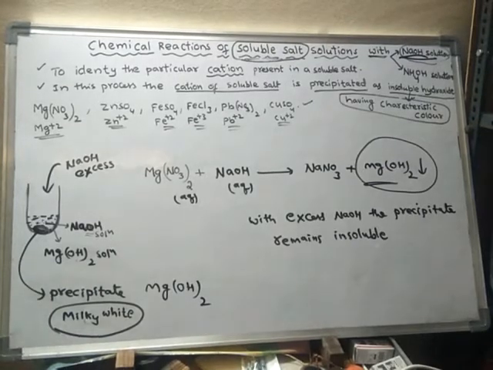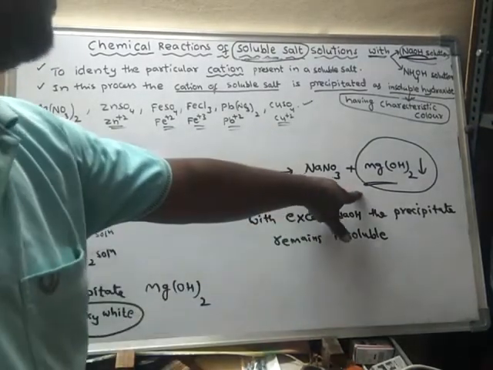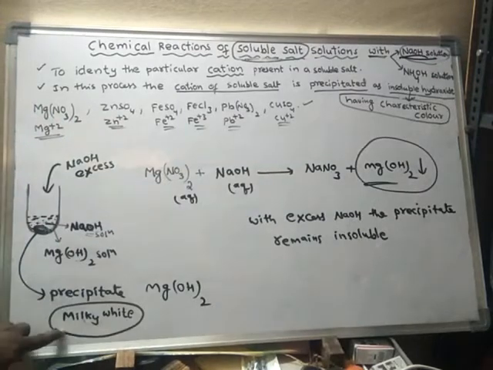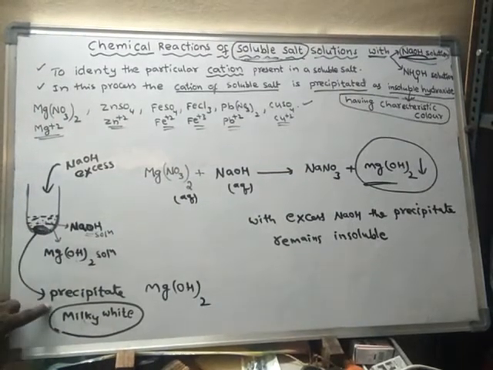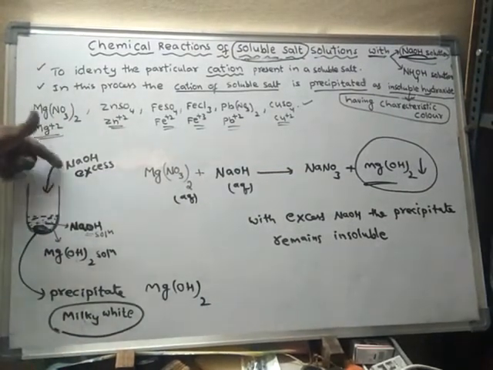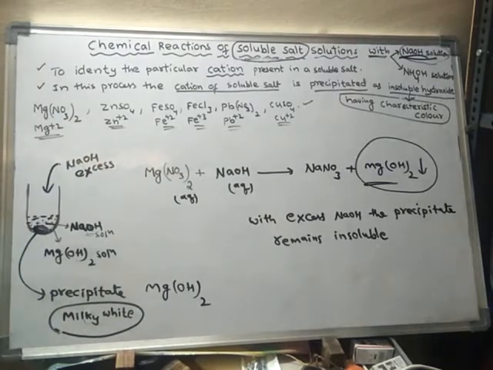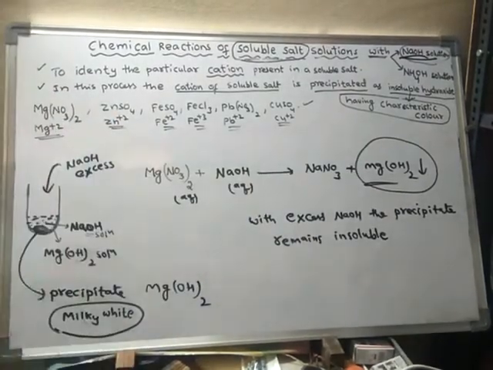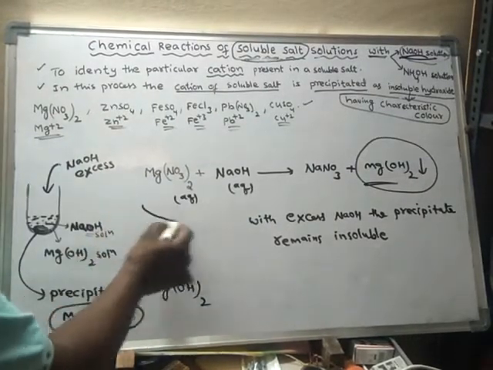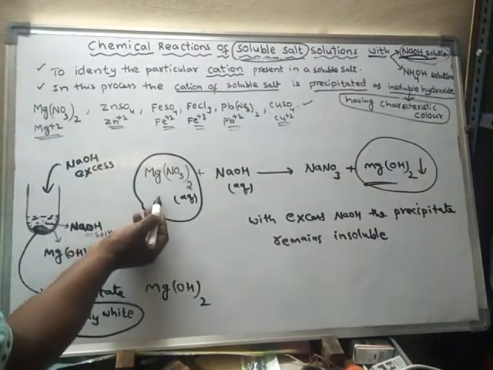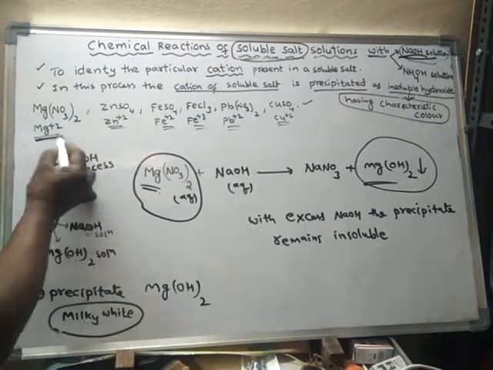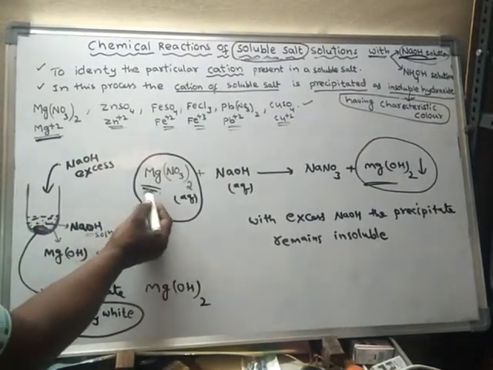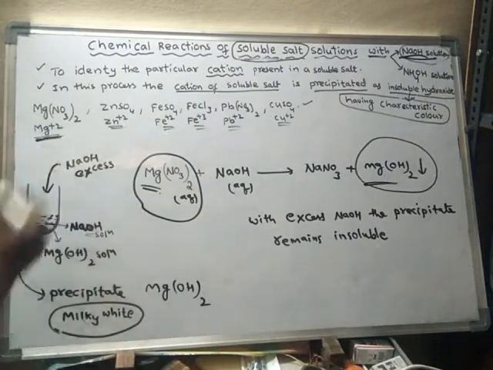As it is a milky white precipitate, and it remained insoluble even after addition of excess sodium hydroxide, the precipitate is nothing but magnesium hydroxide, and the ion present in the soluble salt is the magnesium ion.